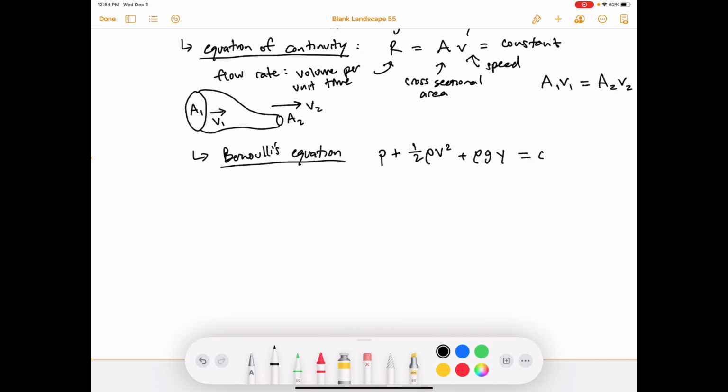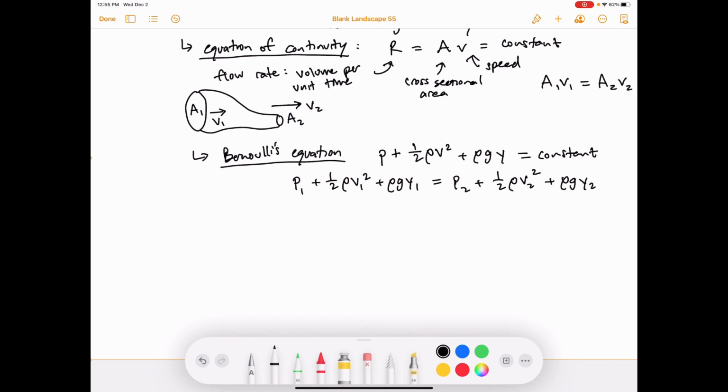That whole thing is constant. So like before, we can take any 2 points in the fluid and say that P1 plus 1/2 times rho times v1 squared plus rho times g times y1 equals P2 plus 1/2 times rho times v2 squared plus rho times g times y2. That's typically how we use Bernoulli's equation.